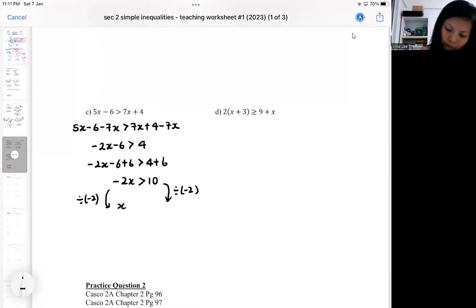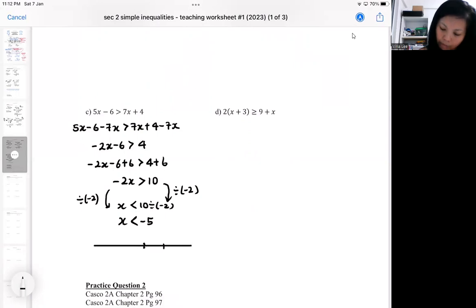When you need to divide by -2, then you change. If you take a look, I reverse my sign. So draw your number line first. You are interested in the numbers smaller than -5, which means on the left.